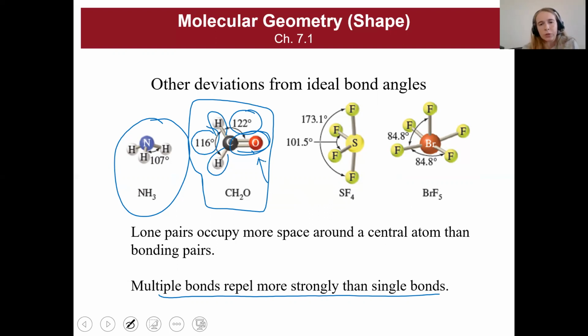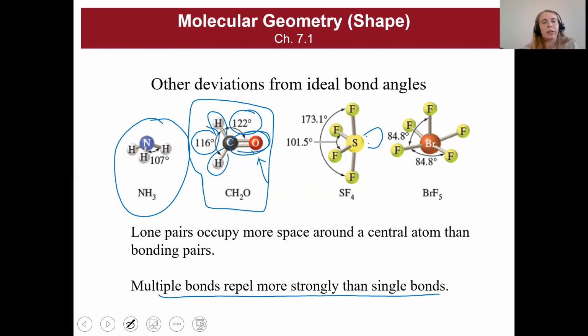All right, so SF4 is actually a seesaw shape. Sorry, I forgot what my favorite shape was called for a second there. It's got one lone pair on the sulfur. Sulfur has an expanded octet.